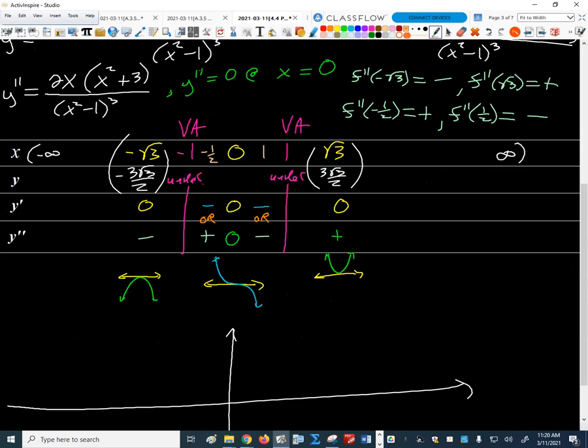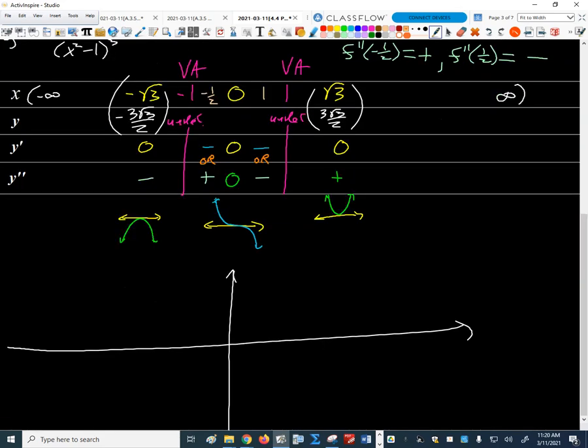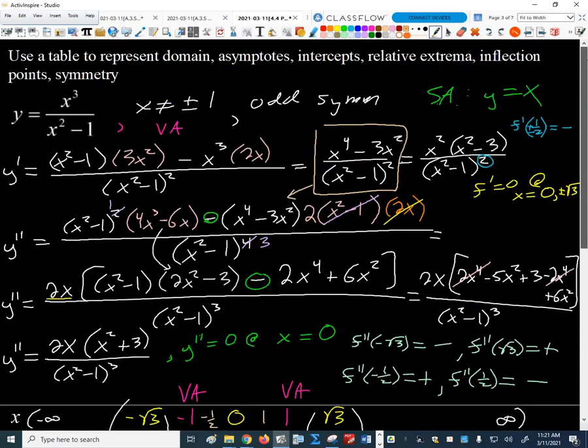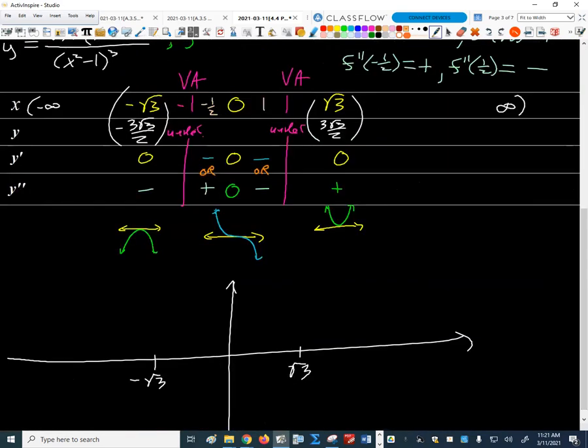The y values would just be 3 radical 3 over 2 here, and they'd be negative 3 radical 3 over 2 there, unless I made a mistake. But we don't really care about that much. And at 0, my function is equal to 0, so that's nice.